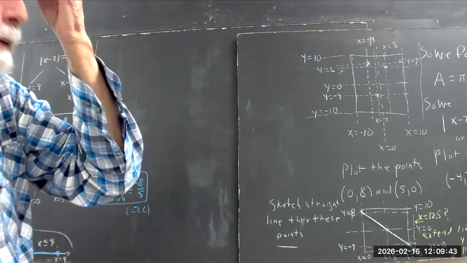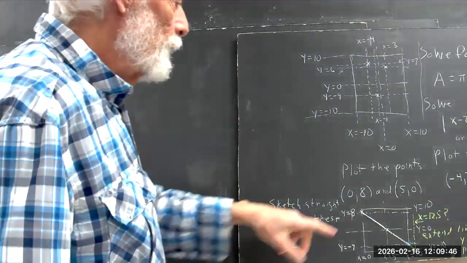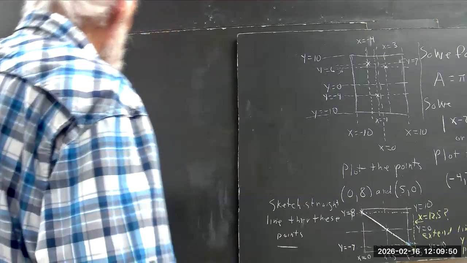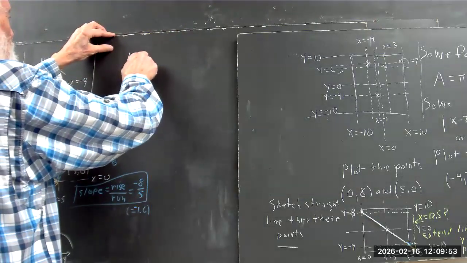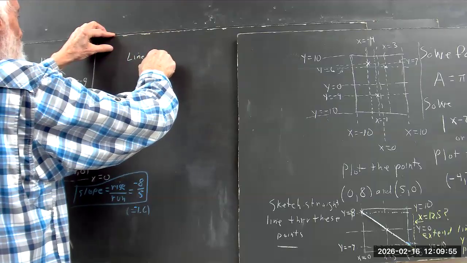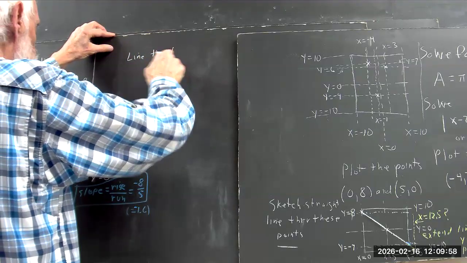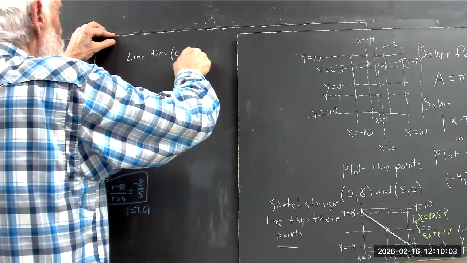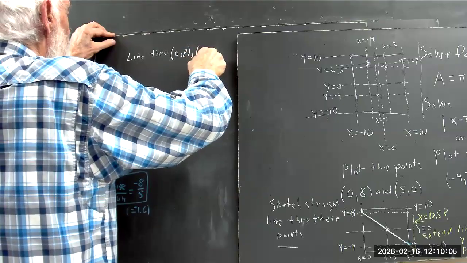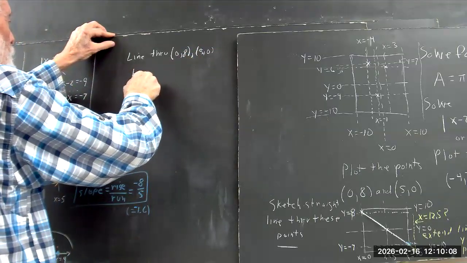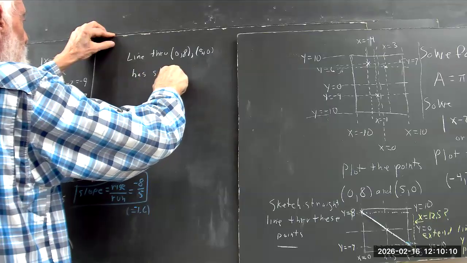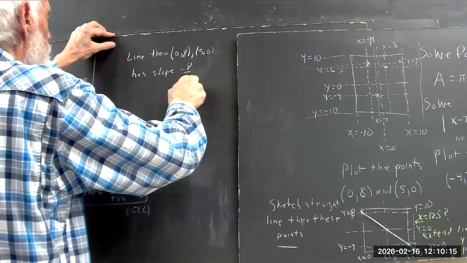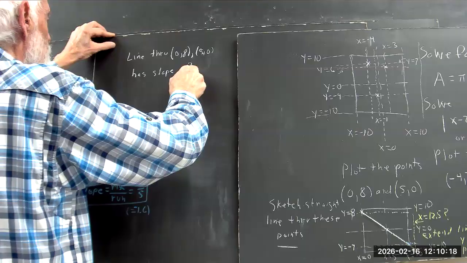Okay, but this next step is a little bit of a jump. Okay, we see the graph. Our line has slope negative 8/5.